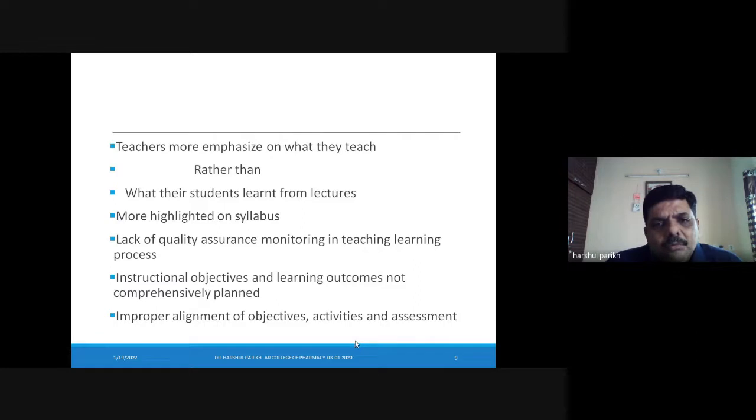Teachers emphasize more on what they teach rather than what the students learn from our lecture. This kind of system is more focused on the syllabus, and definitely there is a lack of quality assurance, of monitoring whether the teaching learning process happened or not.